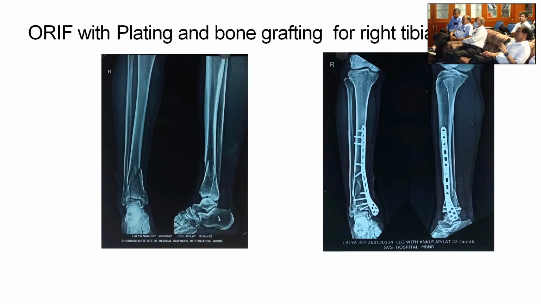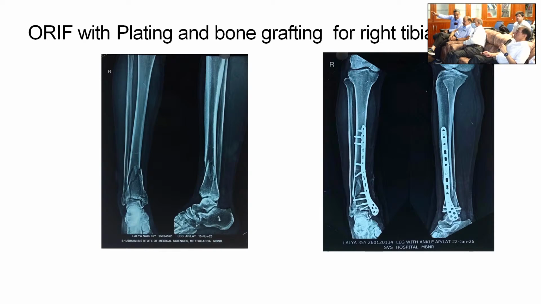Which one? But that one, see, you can easily put a screw here. Yeah, this one. And you can put a screw across there. I know it's a 3D fracture. Difficult one, very difficult one. But why did you use Herbert screw? Huh?